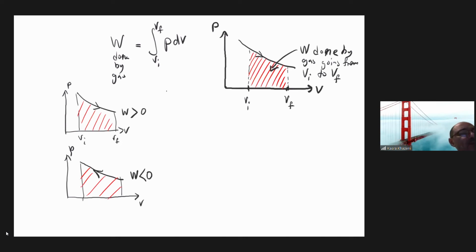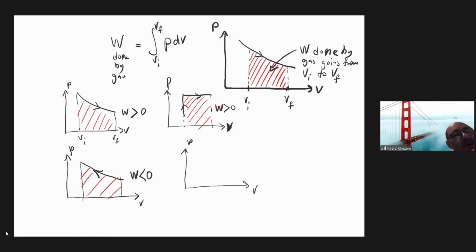There's all sorts of other possibilities here. You can go in this direction. All right? And the total work, of course, is this. Sorry, this is greater than 0 again. All right? Or you can have another possibility here.